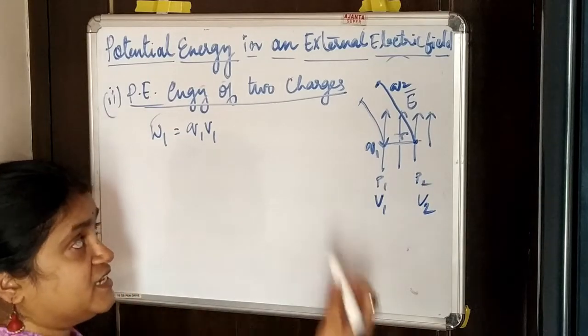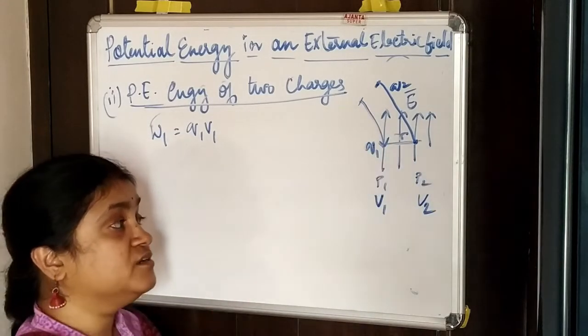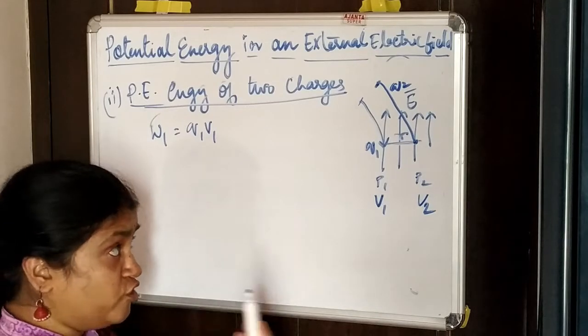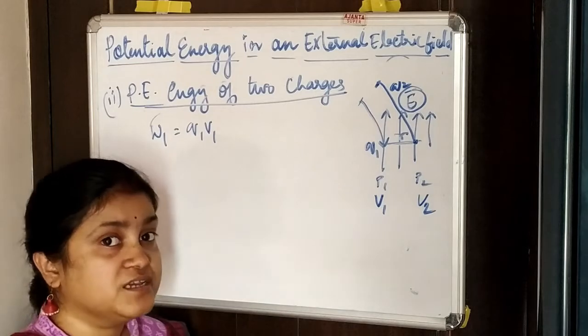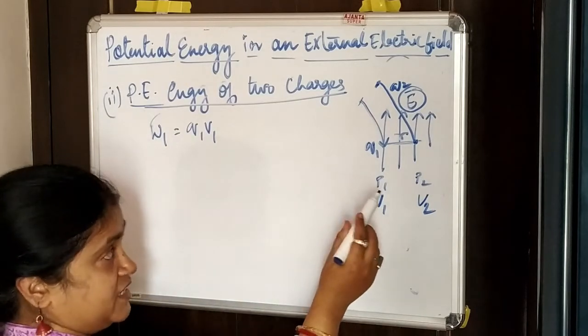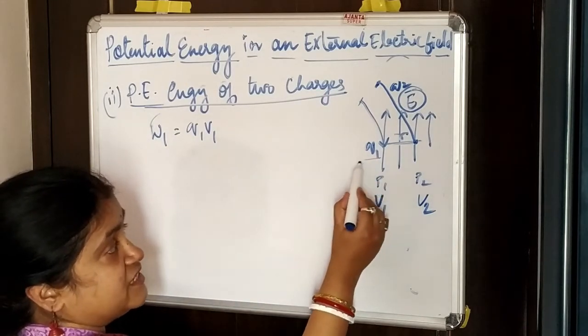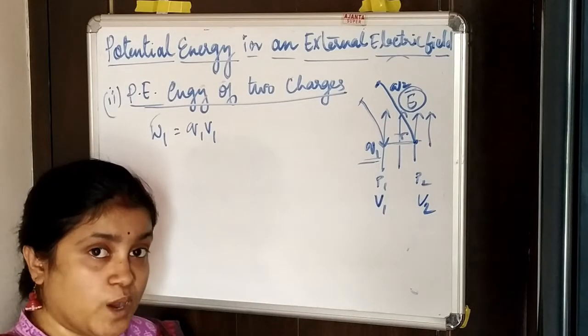Now when we are bringing this charge Q2 to a point P2, it is not only working against this external electric field, it is also working against an electric field created by the charge Q1.